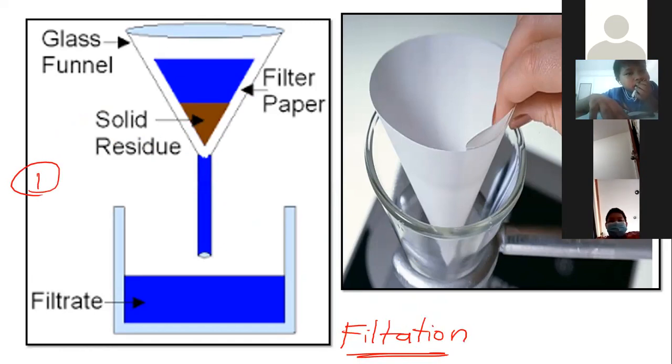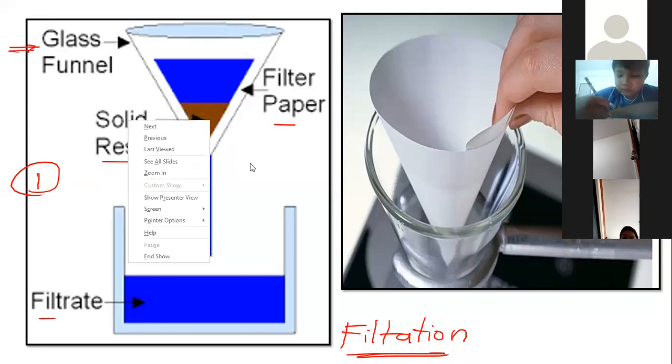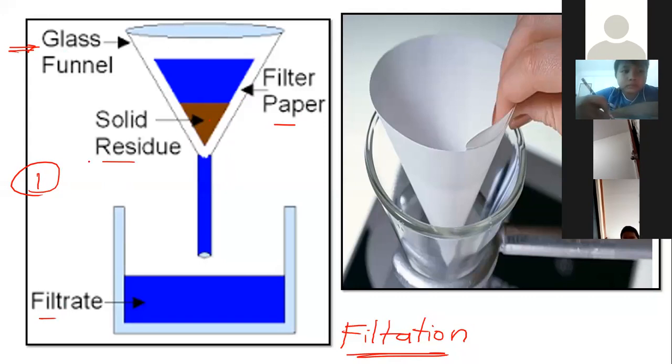Draw it properly. Label the glass funnel, filter paper, solid residue, and filtrate. The residue here is the charcoal and this one is the liquid, the filtrate. I will explain more, draw first.